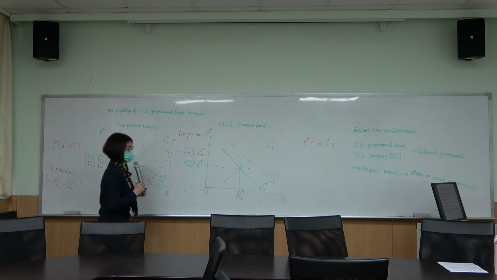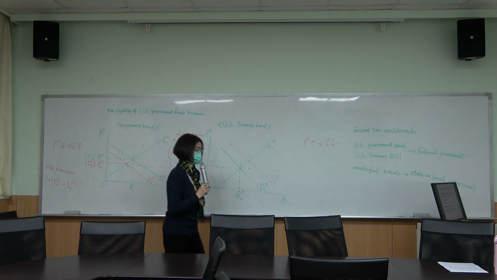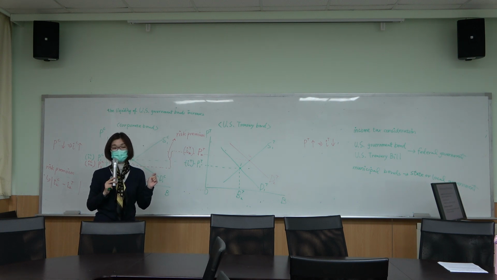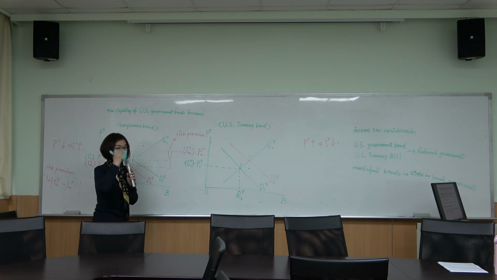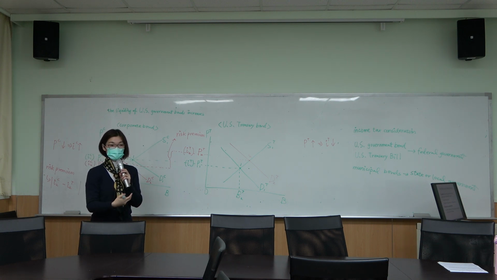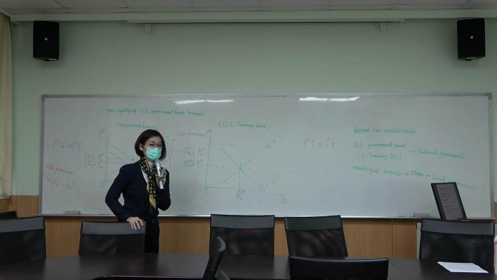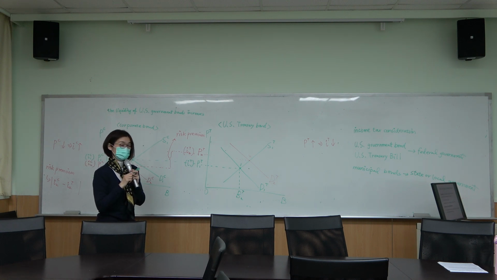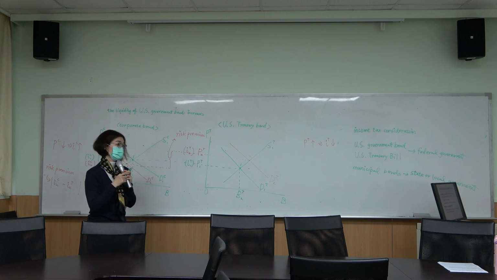So why do the state or local governments issue municipal bonds? Because they need to do some development, such as contributing to education, schools or highways, or conducting some government program.